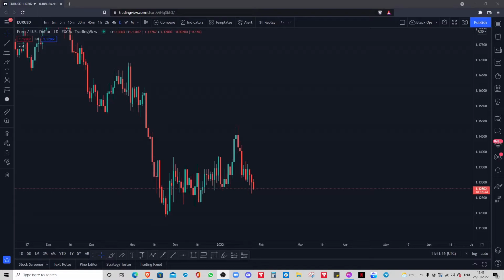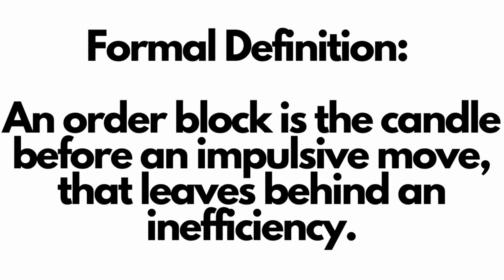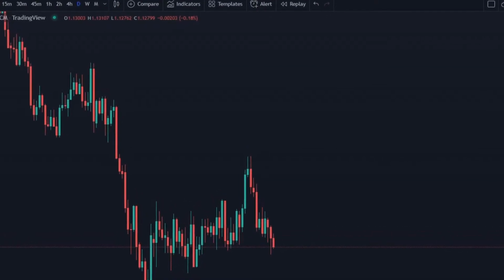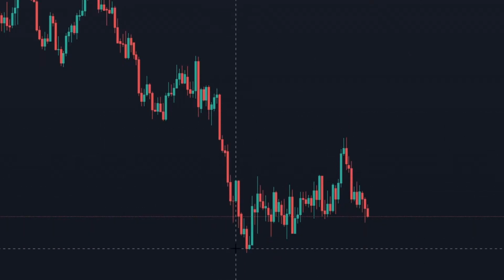A more clear description of what an order block is will be something along the lines of: it is the candle before an impulsive move that leaves behind an inefficiency. So what do I mean by an impulsive move? An impulsive move is something like this, where you can see that price is moving clearly in one direction.